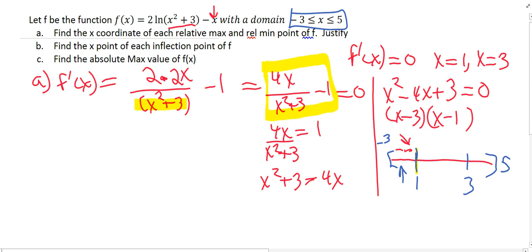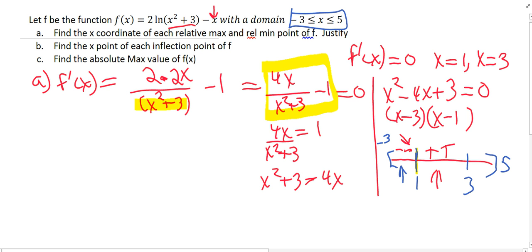And what's happening at 2, let's say? At 2, you plug in, you get positive 8 on top, and on the bottom you would get 7. So 8 over 7 is bigger than 1, so it's going to be positive here. And I'm pretty sure it's going to shift back to negative, but just to make sure, let's try a 4.